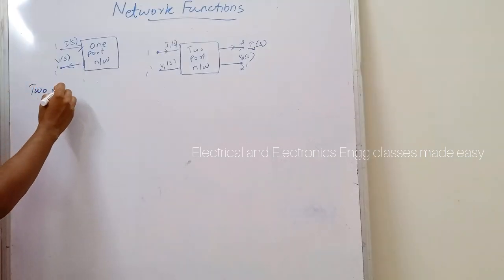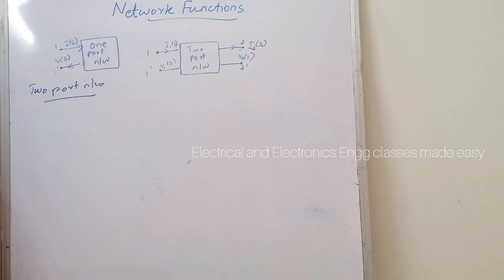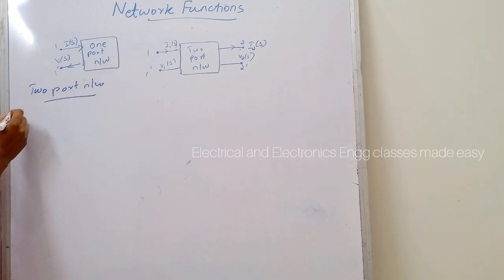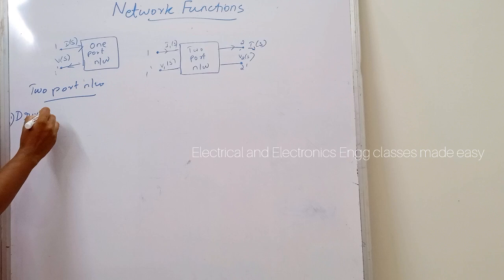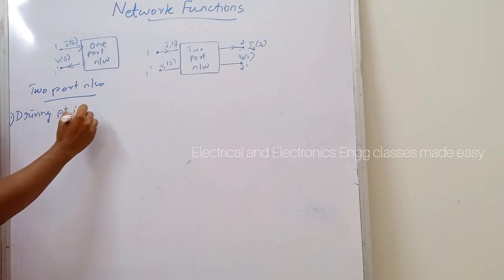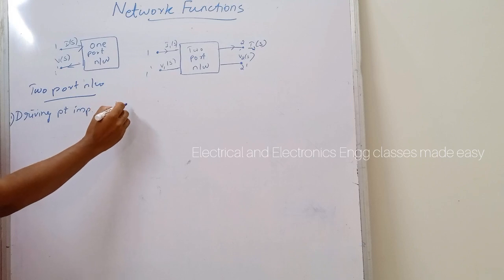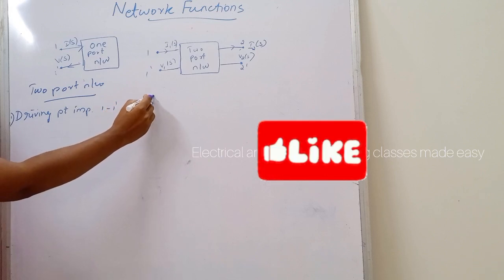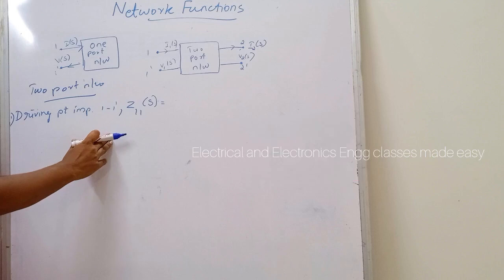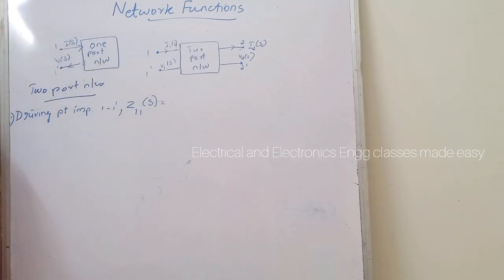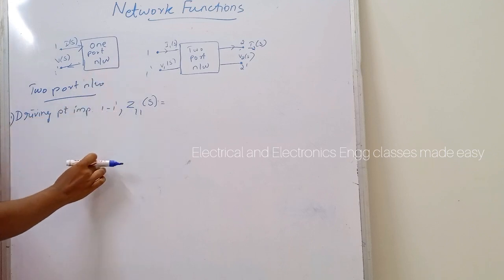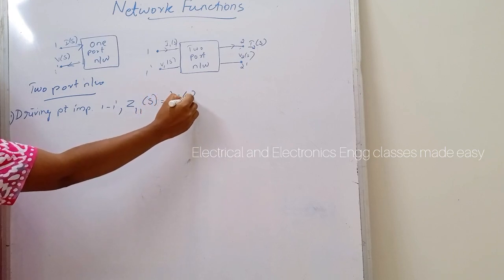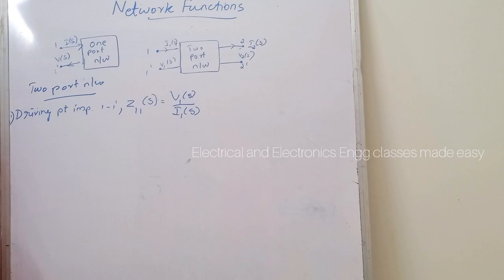Now in the case of a two port network, the driving point impedance at port 1 1 dash is represented by Z11 of s, and it is the ratio of the transform voltage at port 1 1 dash to the transform current at the same port, that is V1 of s divided by I1 of s.